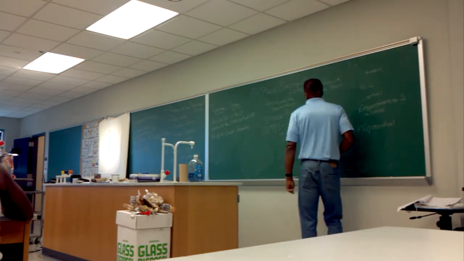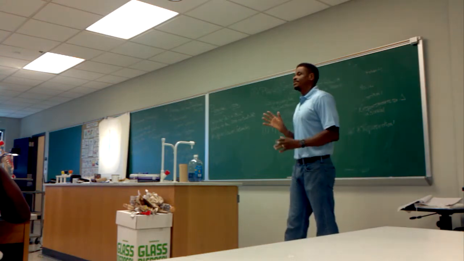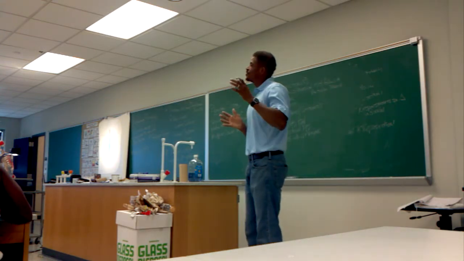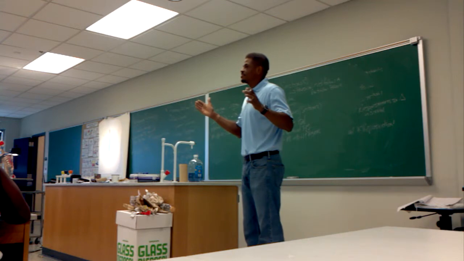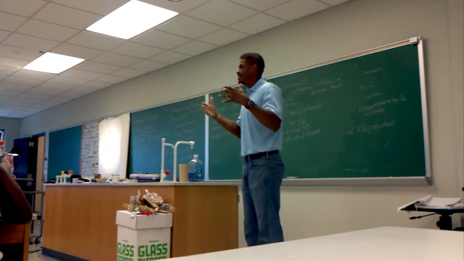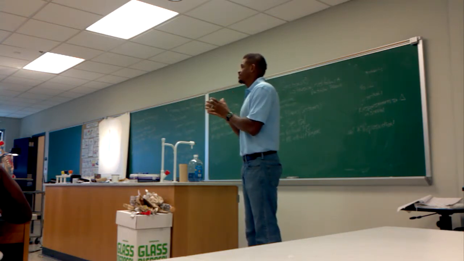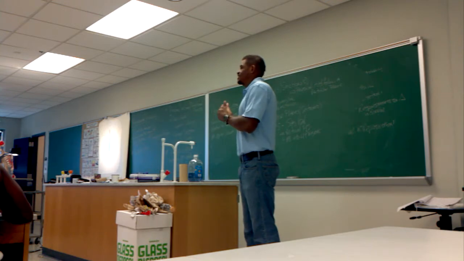If the sagittal section divides the body into equal right and left regions, we call it a what? Mid-sagittal. So a mid-sagittal section or plane divides the body into equal right and left halves.